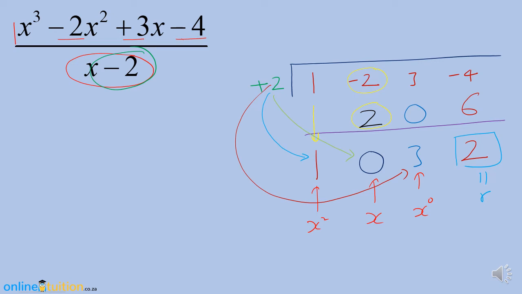So what have we just worked out? I've just shown you that x cubed minus 2x squared plus 3x minus 4, over x minus 2, is equal to 1x squared plus 0x, I'm going to write that down for now, plus 3x to the power 0, plus a remainder of 2.